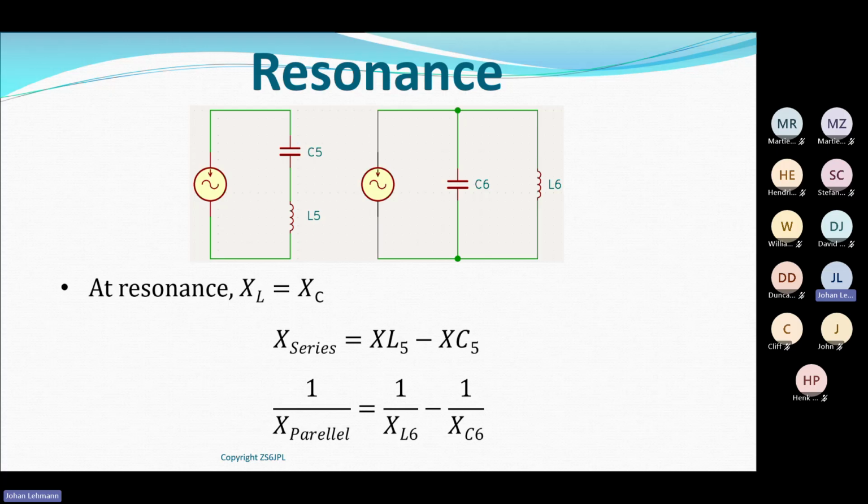Something to remember when we start going into the design of our receivers and transmitters. Okay, series resonance: if I add them, because the one is negative, the value becomes 0. If they're in parallel, the value of the reactance becomes infinite. I'm just giving you a moment for it to sink in, hopefully.